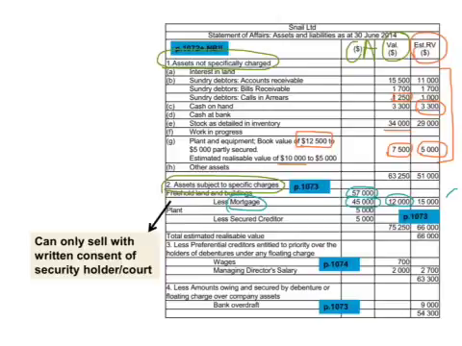The more tricky one in this question is the plant. So the plant has been given, or a portion of the plant has been given as security, and the portion that has been given as security is $5,000 worth of plant.